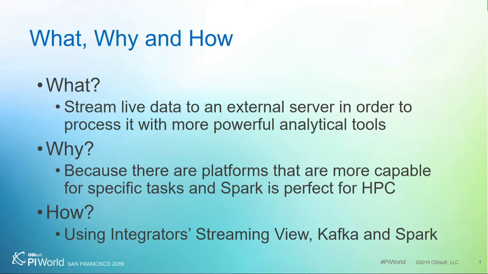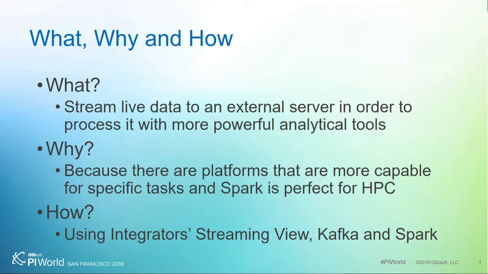What we're going to do, as before, is stream live data to an external server. We will process it. We will get the results back, and we'll bring it back to Pi. Right now, you may not understand why that's important, but the reality is, Pi is great for several things, but it's not a solution for everything.